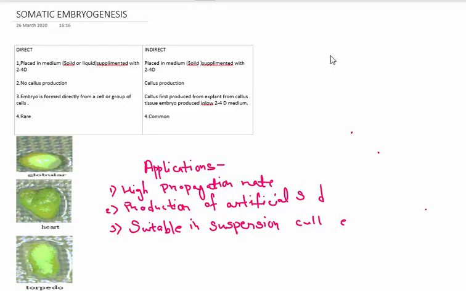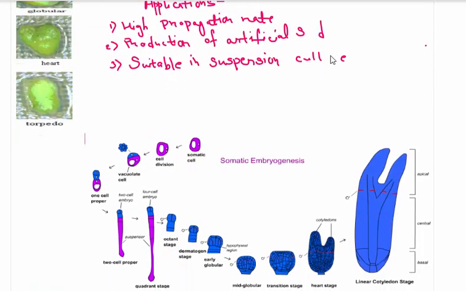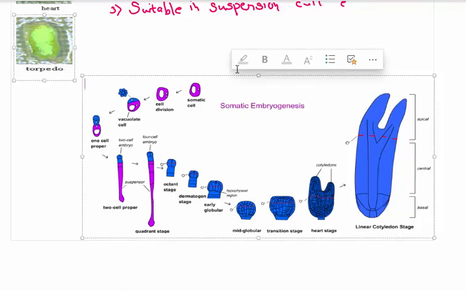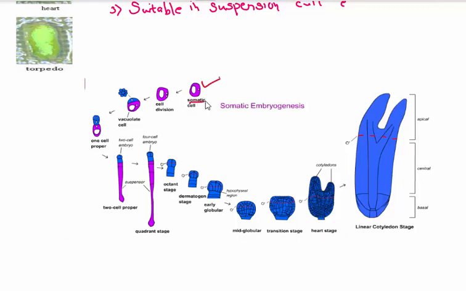So next we'll discuss about the somatic embryogenesis process. So as I said, the first is the somatic cell, right? So first this is the somatic cell. Then it undergoes the cell division and it produces first the one cell proper, then the two cell embryo, then the four cell embryo by further division.